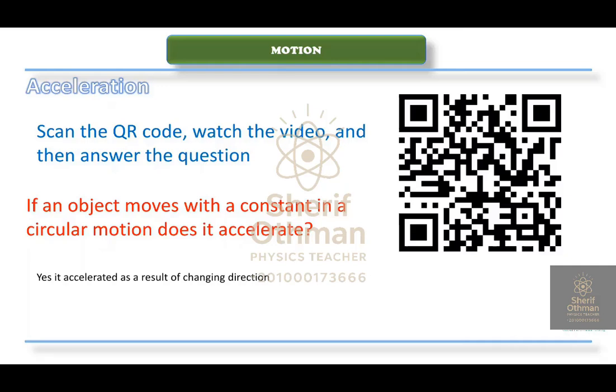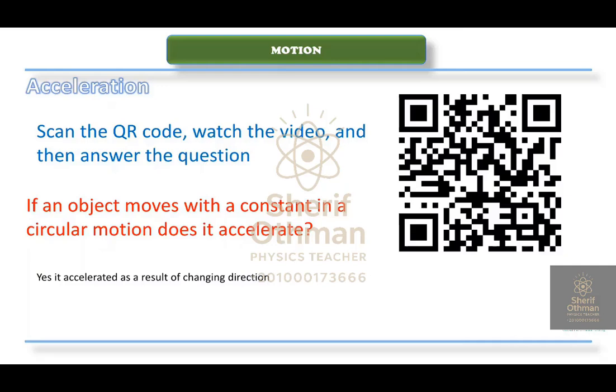Acceleration is the change in velocity. The question is saying that if an object moves with a constant speed in a circular motion, does it accelerate?